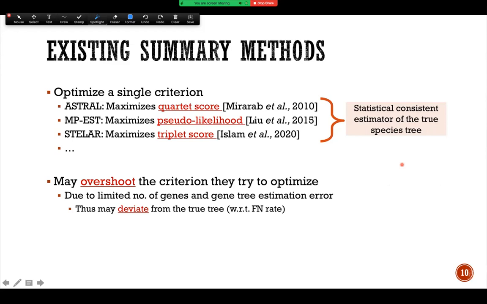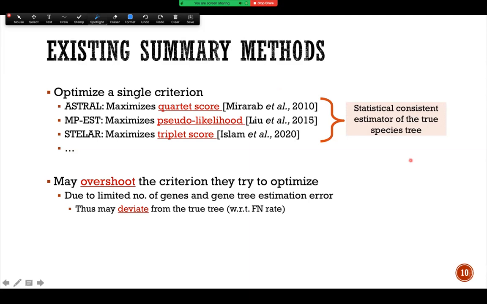If we look at the existing summary methods, we see that they optimize a single criterion, which is a statistically consistent estimator of the true species tree, to estimate the species tree. For example, ASTRAL, which is one of the most popular methods, maximizes quartet score. MP-EST maximizes pseudo-likelihood, and STELAR maximizes triplet score.